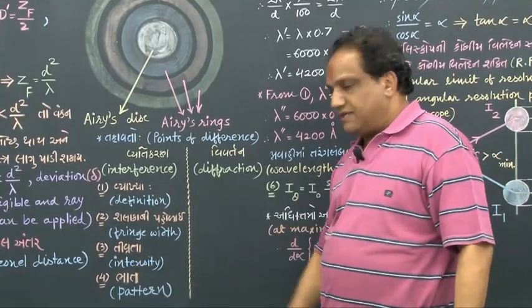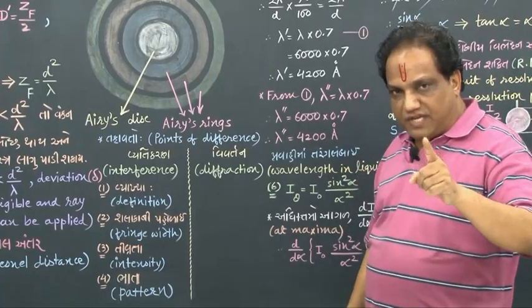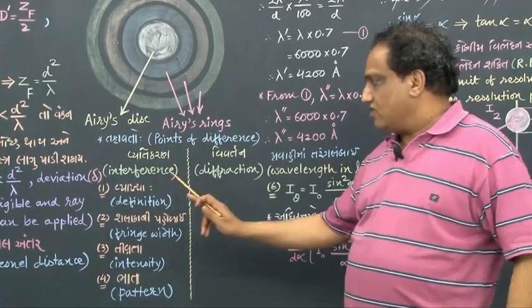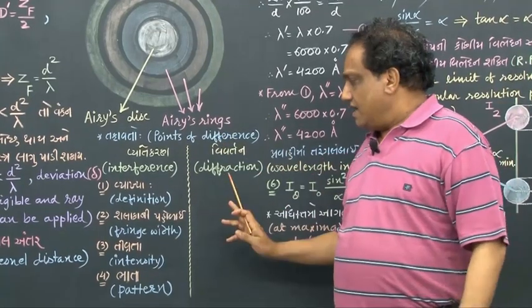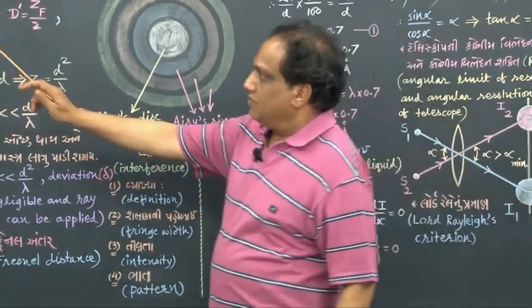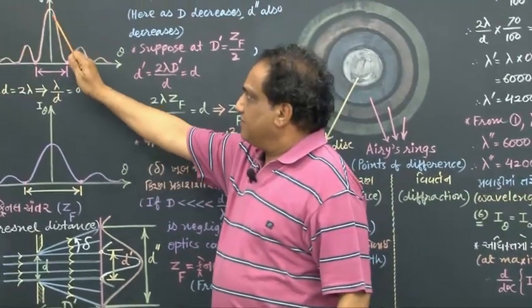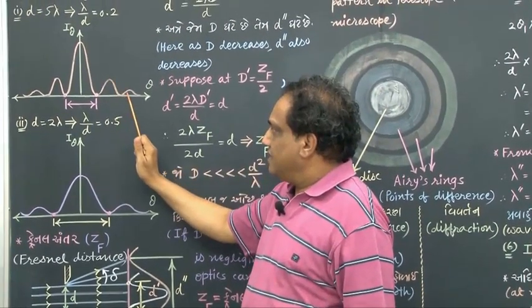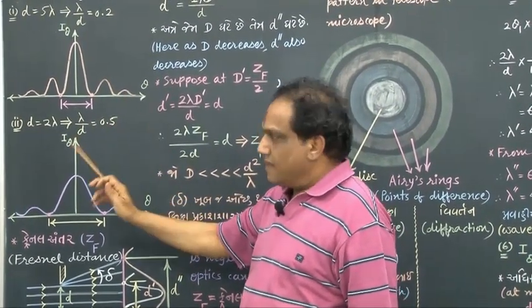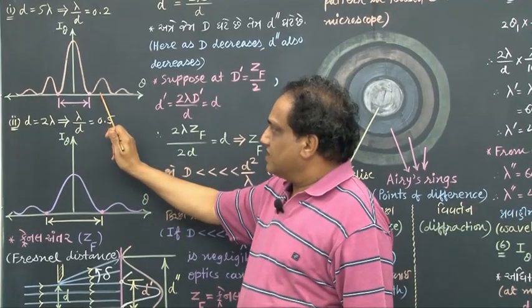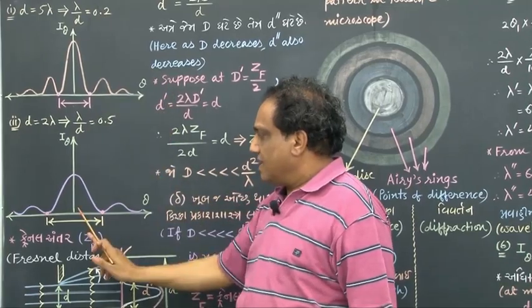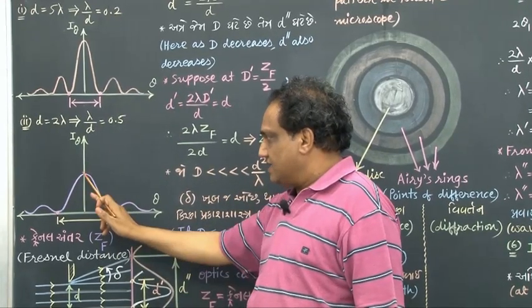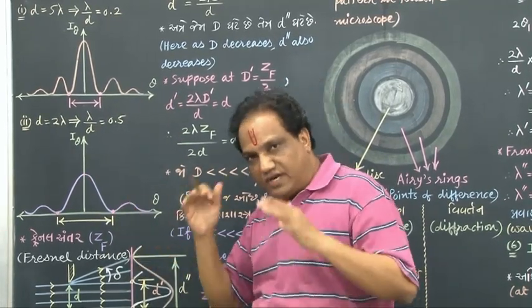What about intensity? Maximum intensity in all the bright fringes in case of stationary interference pattern are same. And here for diffraction, this is central maximum, this is first order maximum, this is second order maximum, and then as order of maximum increases, intensity of light goes on decreasing.